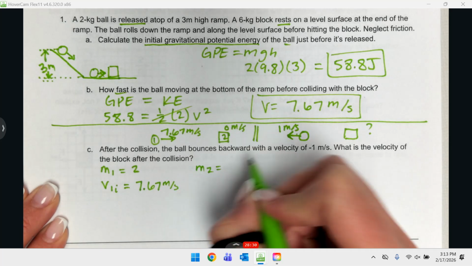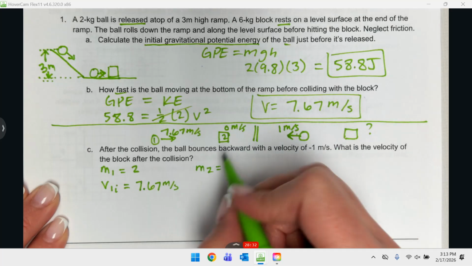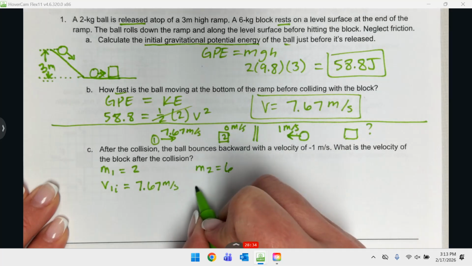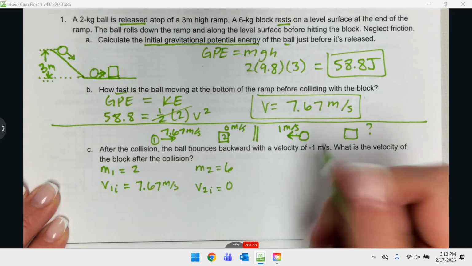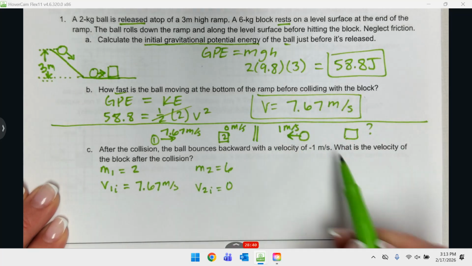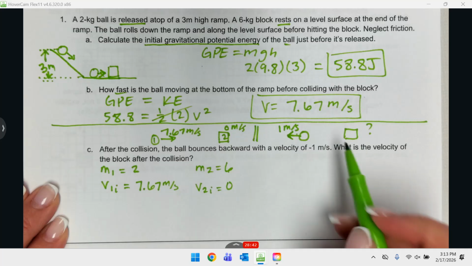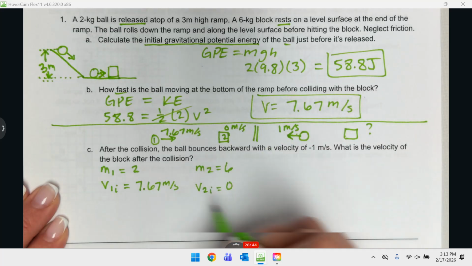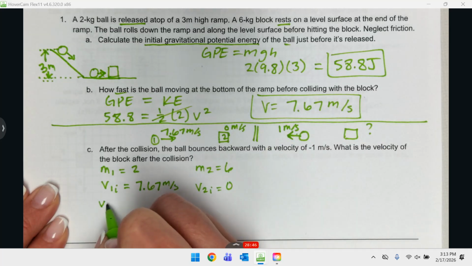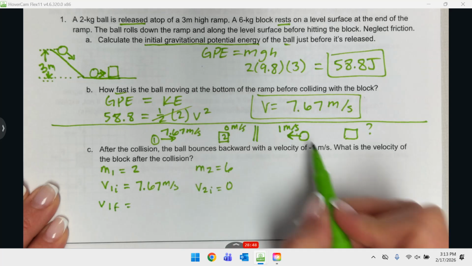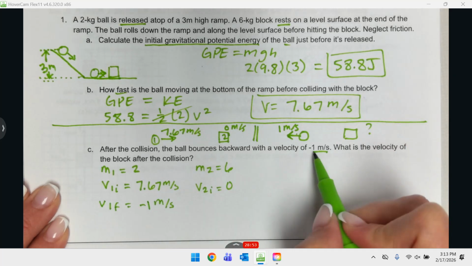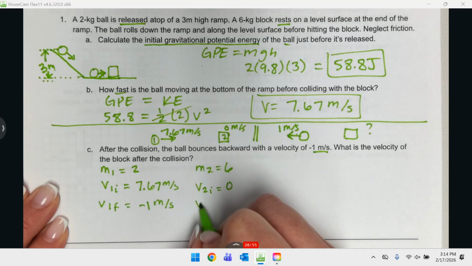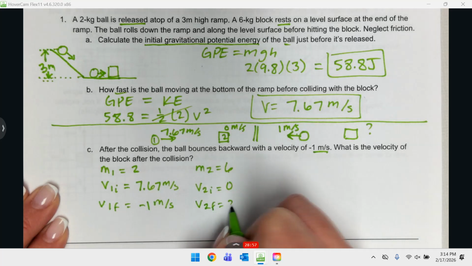M2 will be the mass of the block that gets hit, which is 6 kilograms, and V2 initial will be its initial velocity, which is 0. Afterward, their masses aren't going to change, but their velocities will. V1F is -1. Again, it's going this way. It even has a negative sign right there. And the question is, what is V2F?